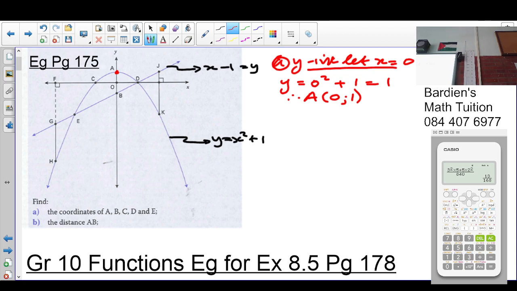With x equal to 0, y is equal to negative 0 squared plus 1, which is 1. So the coordinates of A are 0 and 1. You all okay with that? That's nothing new to us.